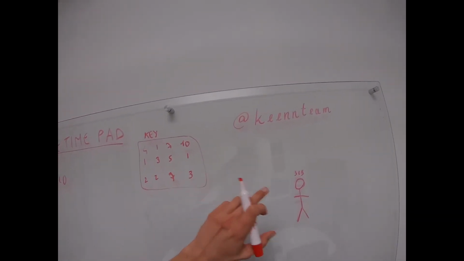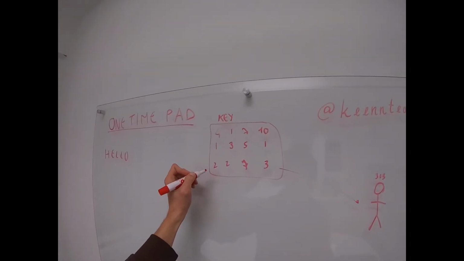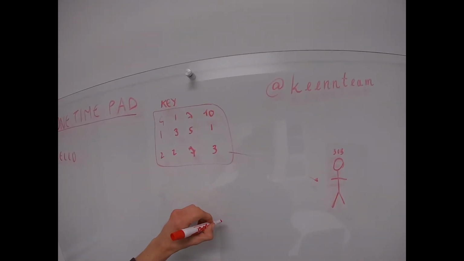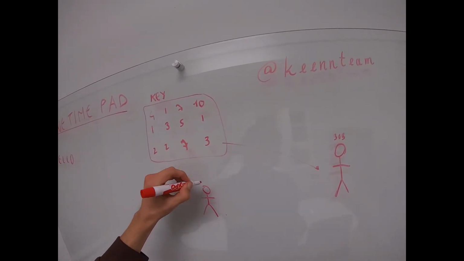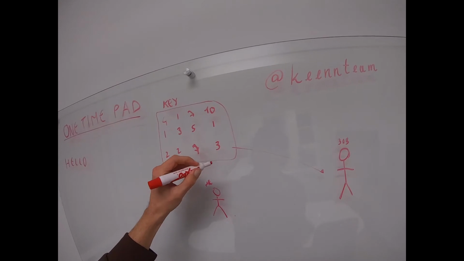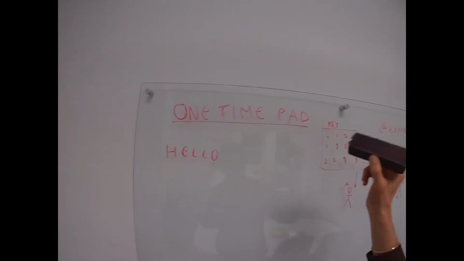So Bob is gonna have a copy of this, and I have a copy of this. That's me. Okay, we both have a copy of the key.